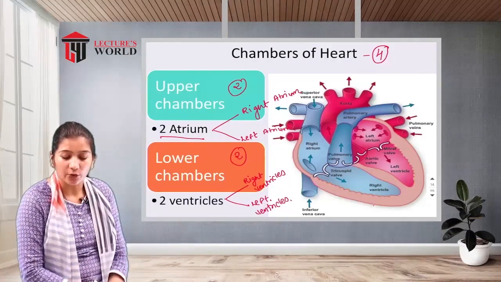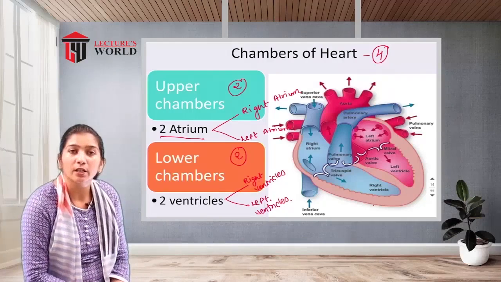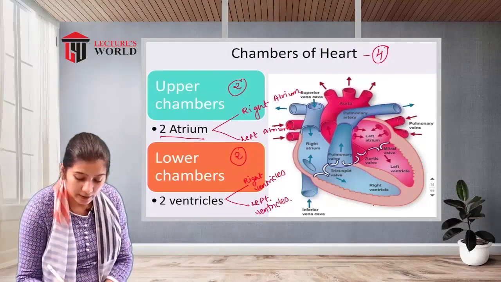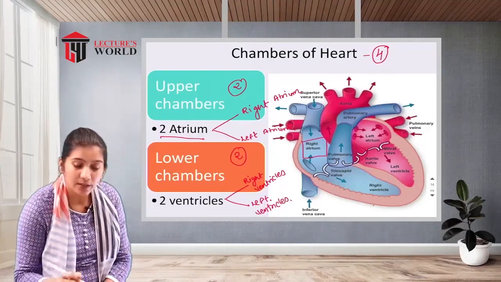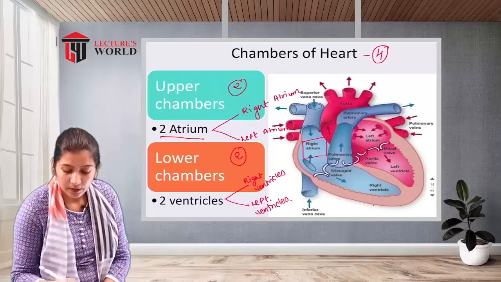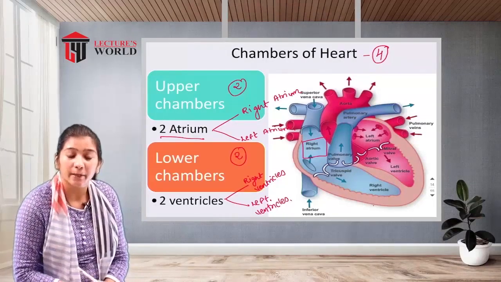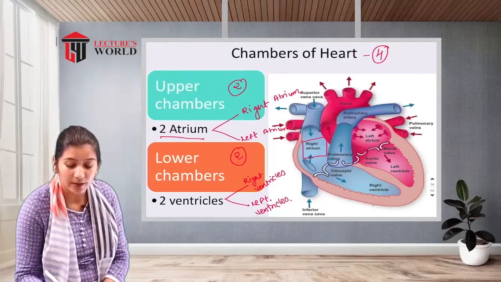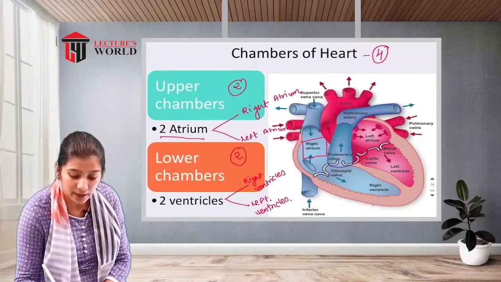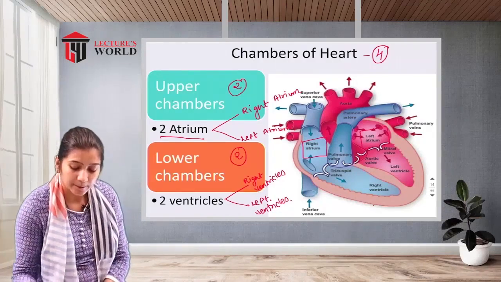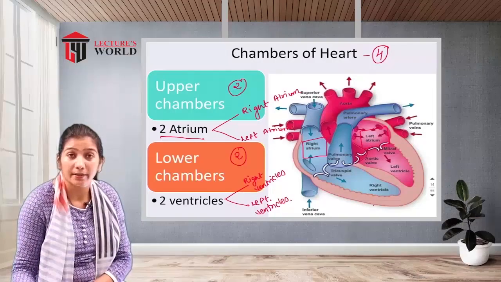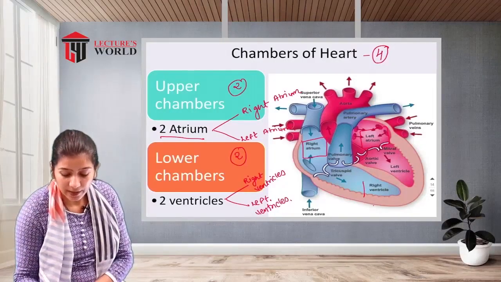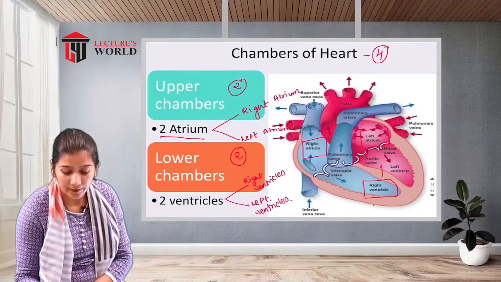So in the picture you can see the location of the chambers of the heart. The first one is the right atrium. There are two atria, the right atrium and the left atrium. So this is the right side, that is the right atrium, and the left atrium. Next is the ventricle. So there is the right ventricle and the left ventricle.